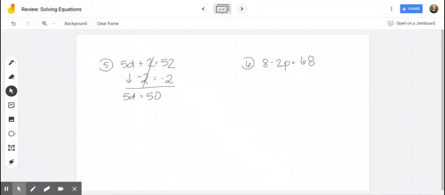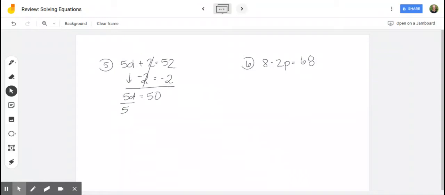Okay, so now I'm not done. This is a two-step problem. I see a 5D. So 5D, they're right next to each other. I know they're being multiplied. So to get rid of the 5, I do the opposite of multiplying, which is dividing. Remember, it's not the opposite sign, so I'm not dividing by a -5.